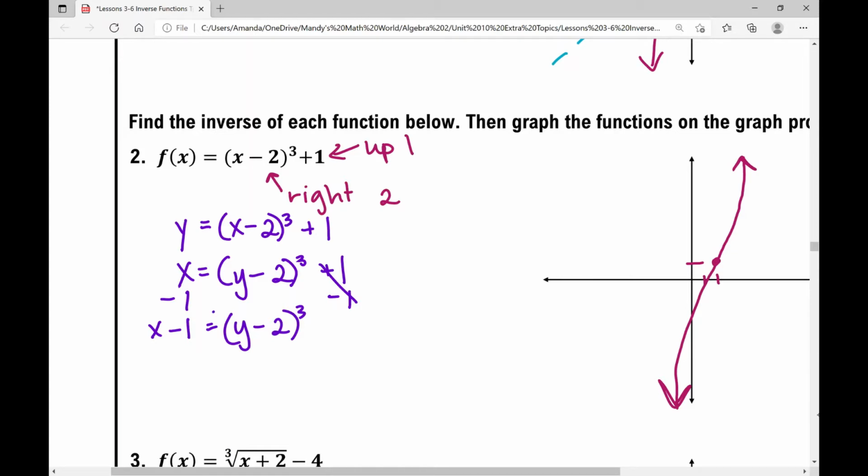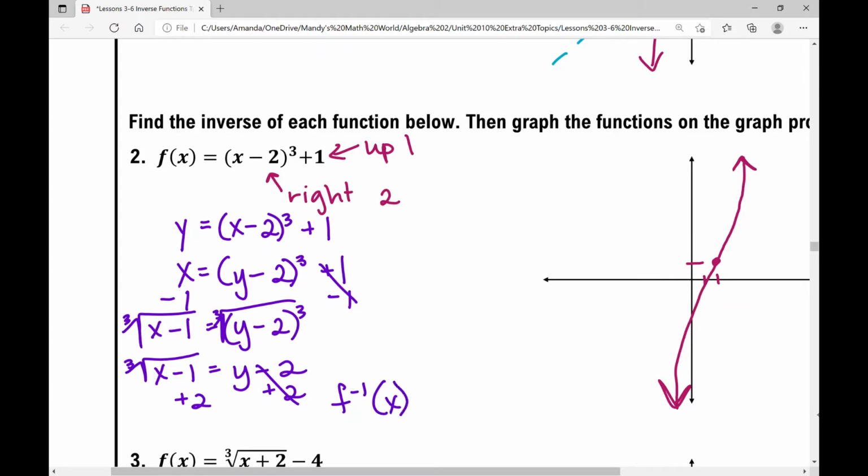So I'm going to take the cube root of both sides, and that undoes the cube. So I'm left with the cube root of x minus 1 equals y minus 2. That cube root and that cube undo each other. Now to get y all by itself, I'm going to add 2 to both sides. And I'm going to go ahead and write this in function notation.